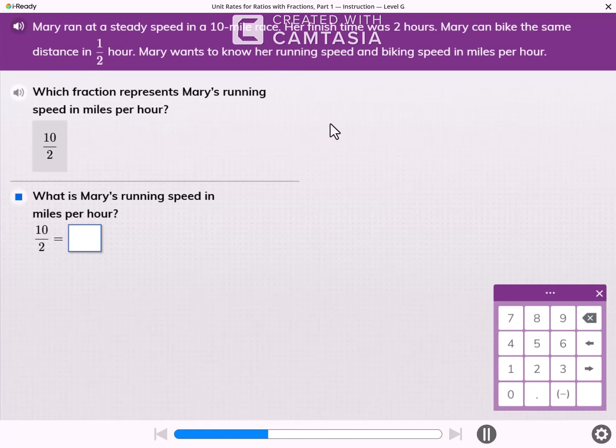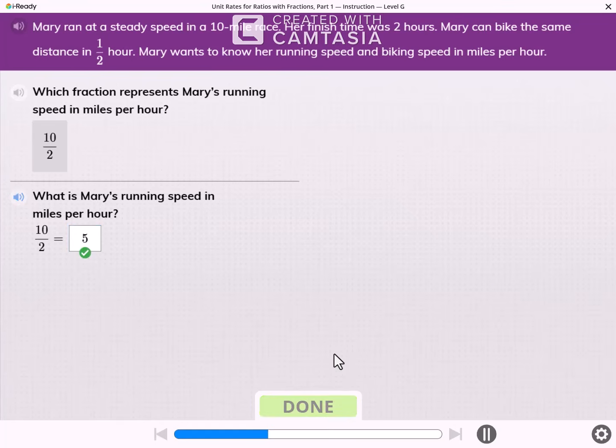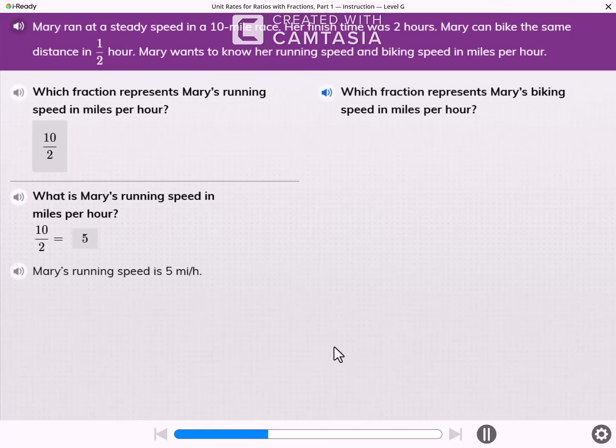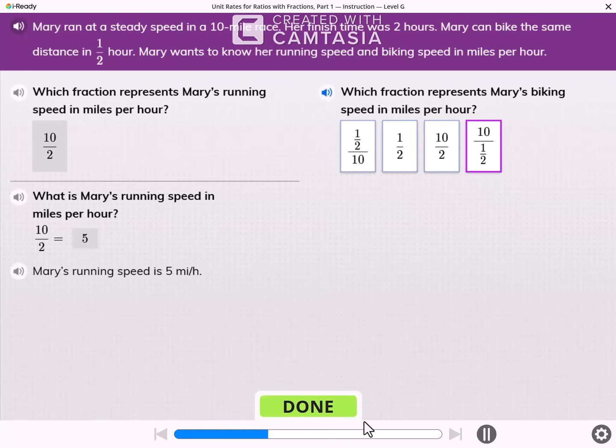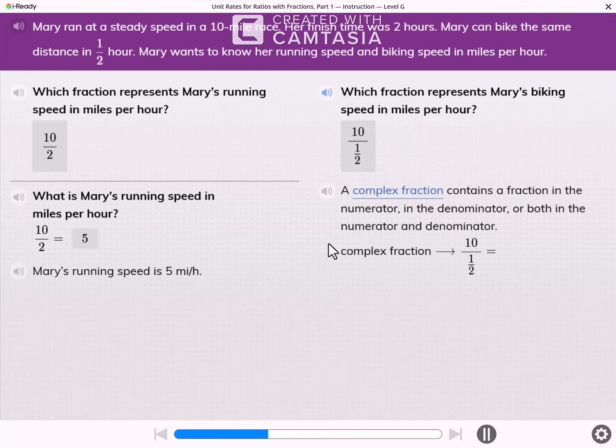What is Mary's running speed in miles per hour? 5. Mary's running speed is 5 miles per hour. Which fraction represents Mary's biking speed in miles per hour? 10 over 1/2. A complex fraction contains a fraction in the numerator, in the denominator, or both.